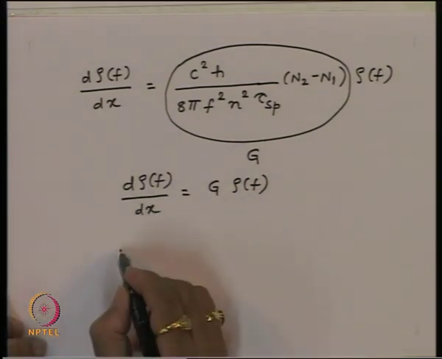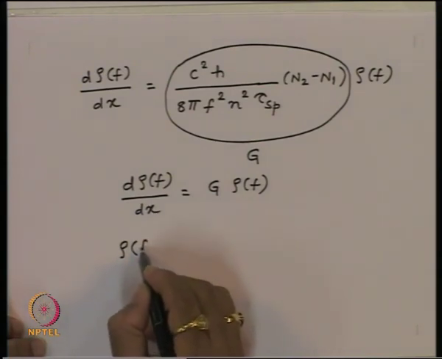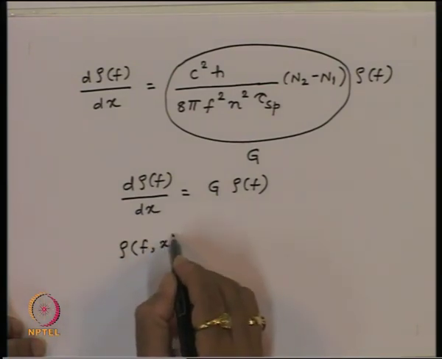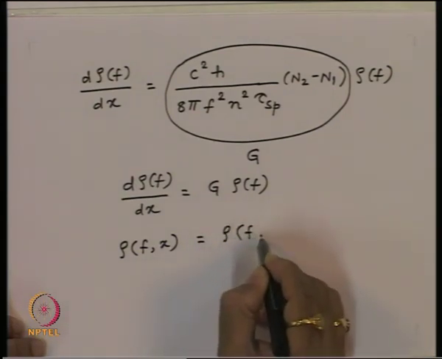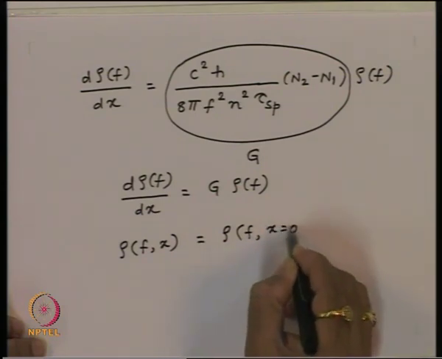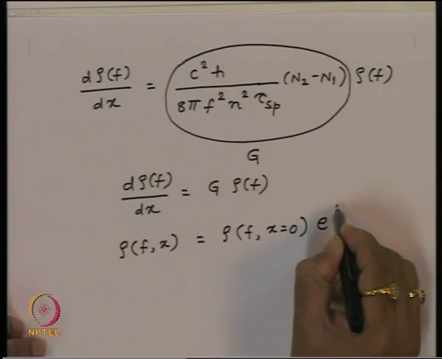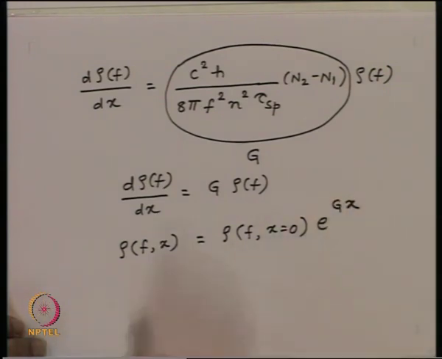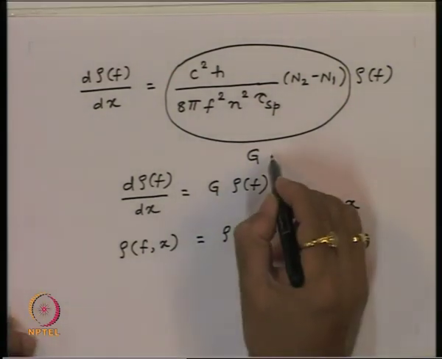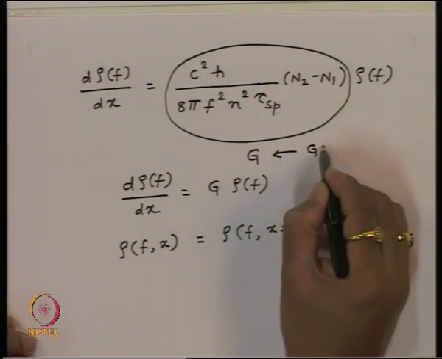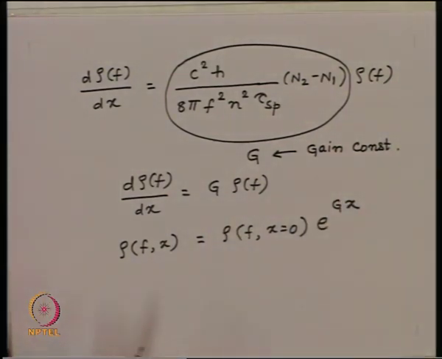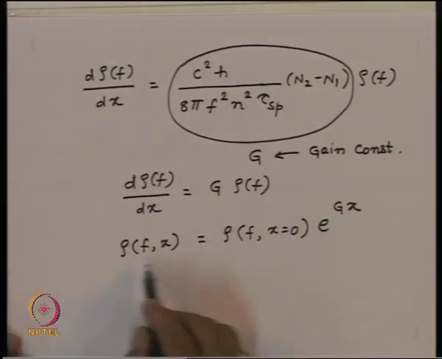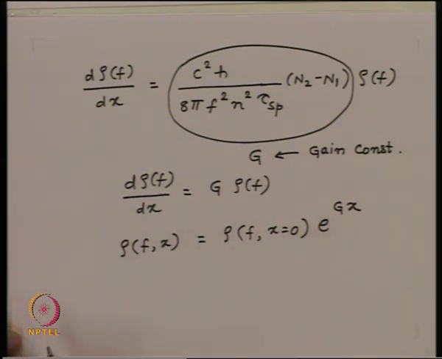And the solution of this equation would be rho of f as a function of x equal to rho of f at x equal to 0 into e to the power g x. So, this quantity then we can call the gain constant of the system, and the photon flux will grow exponentially as it travels inside the material with this gain constant.